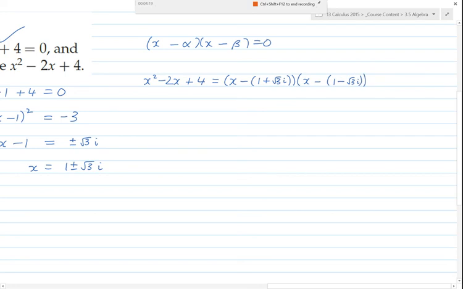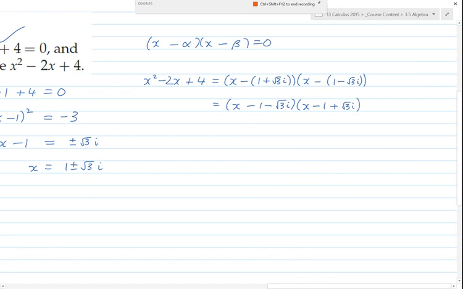And it seems a bit odd to have double brackets in there, so we'll simplify that by expanding the brackets, one layer of brackets. So that's (x minus 1 minus root 3 i) and (x minus 1 plus root 3 i), and that's our factorization.